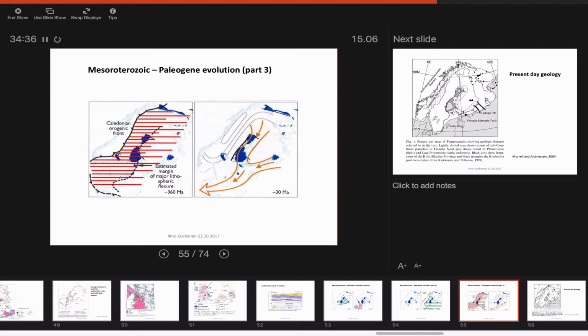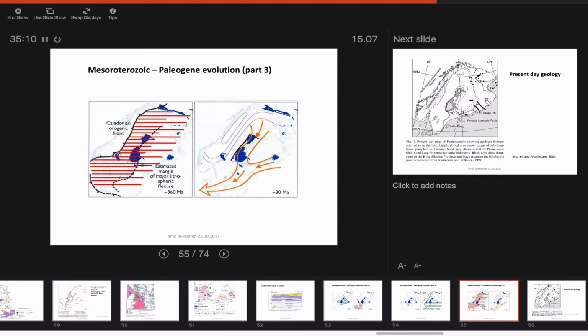Estonian geologists who have been studying this have named this system the Eridanos river system. Eridanos comes from Greek mythology; it is the river in the north where the Argonauts were sailing. It's a nice name. So the Eridanos river system was bringing a lot of sediments to the North Sea. At the end of the class, we return to this topic.